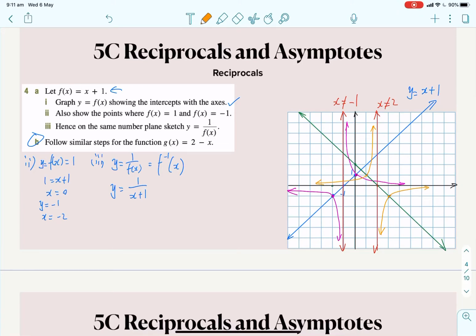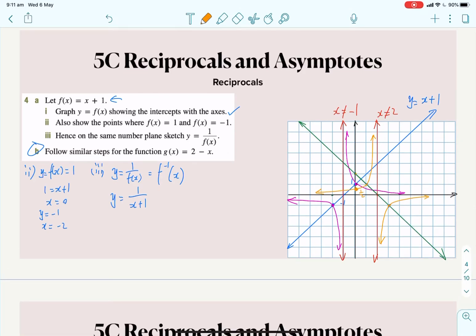One really important thing is that when the graph intersects the x or y axis, you need to find out what the coordinate is. For example, this point intersects the y axis. For the original graph, x is equal to 0, so y is 2. So that means the reciprocal is half, since 1 over 2 is half.